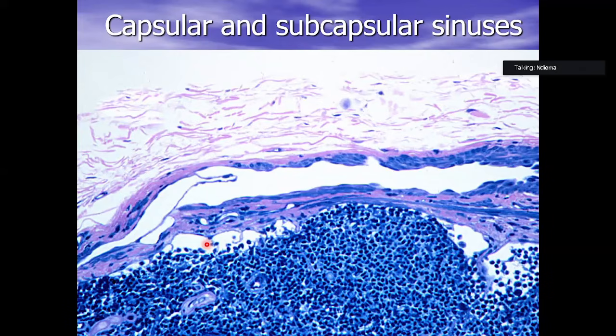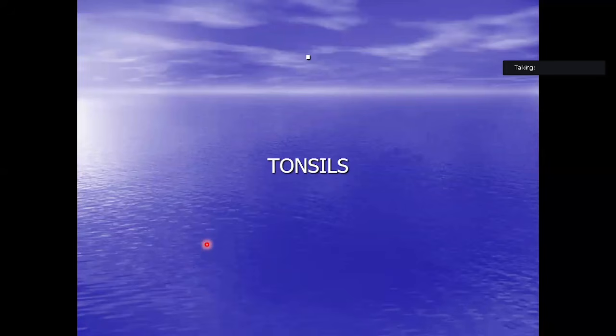So let's now look at the tonsils. Tonsils are usually located in our pharyngeal area, and the pharyngeal area is a very important area. It's an area where air passes through into the lungs, where food passes through into the esophagus.